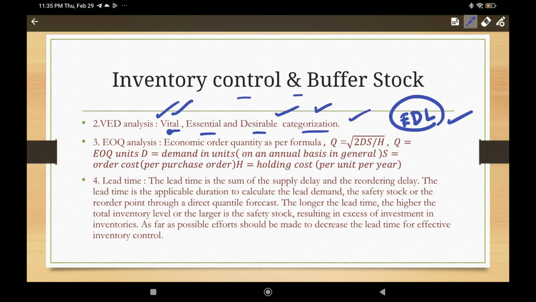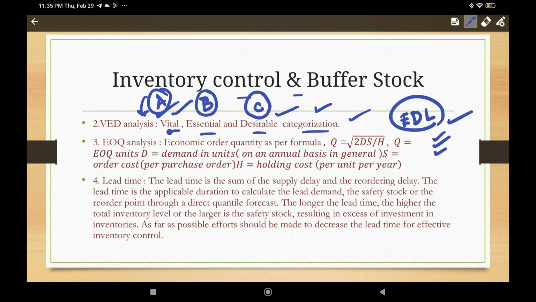Same like ABC, suppose A drugs are vital drugs, B drugs are essential drugs, and C drugs are desirable drugs. Now vital drugs means they have much more regulation, much more documentation, and much more use in the therapeutics.